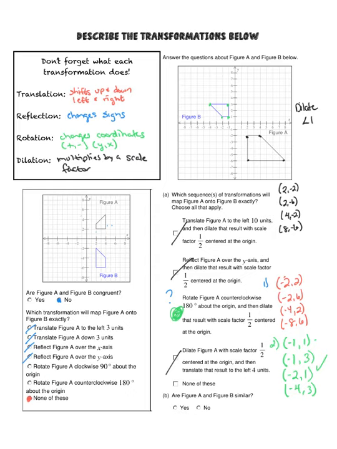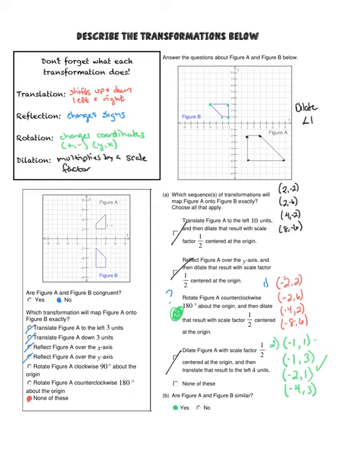I eliminated what doesn't work because I knew there had to be a rotation in here somewhere. Okay? So we were able to get rid of these. The math will take you, and here's our last question. Are figure A and figure B similar?